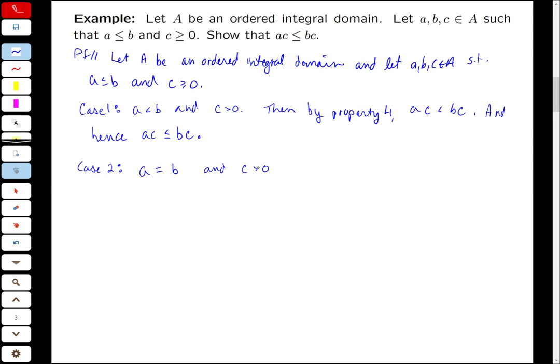If a equals b and c is bigger than 0, then I can definitely multiply both sides and keep the equality by, it's not our cancellation laws, it's our multiplication stuff that we did when we were talking about groups.